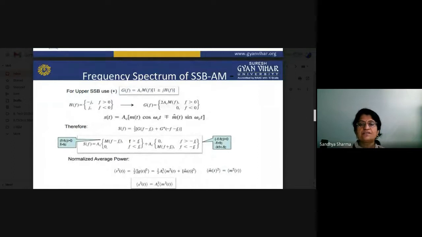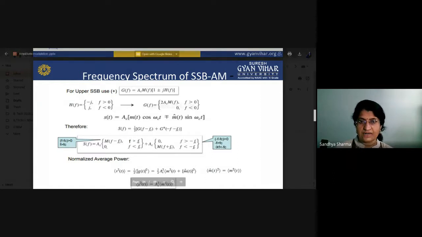Now what is the frequency spectrum? As we also saw in our double sideband frequency spectrum, there are two sidebands, upper and lower. If we are talking about the SSB, there are again two sidebands, but we completely remove one sideband and take part in communication with only one sideband, either LSB or USB.